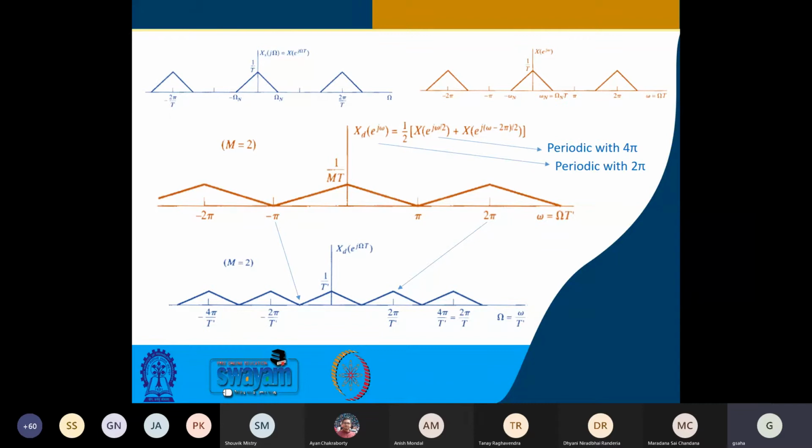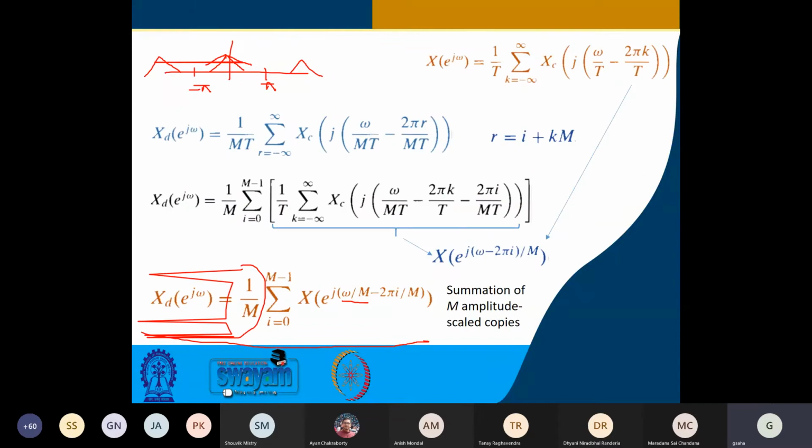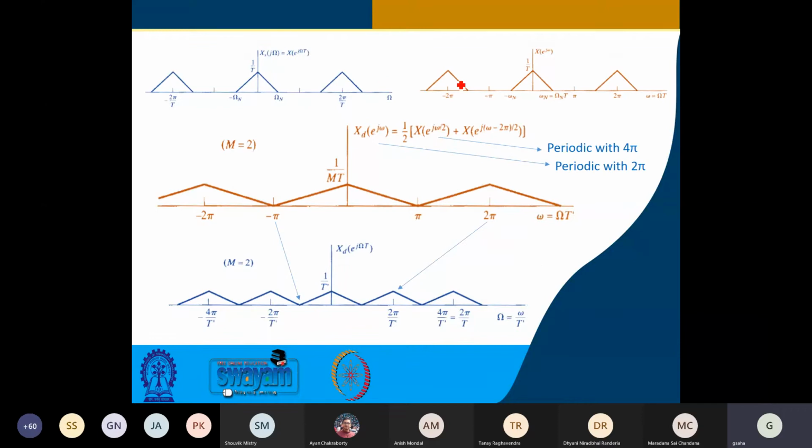So the summation equation we had, the example talks about M is equal to 2, for which if you expand it, you have got one component here, another component here. These individual components are periodic with 4 pi, because of the factor omega by 2.